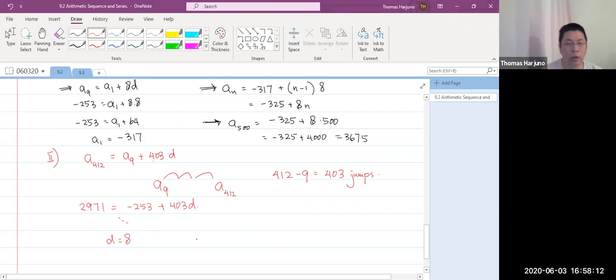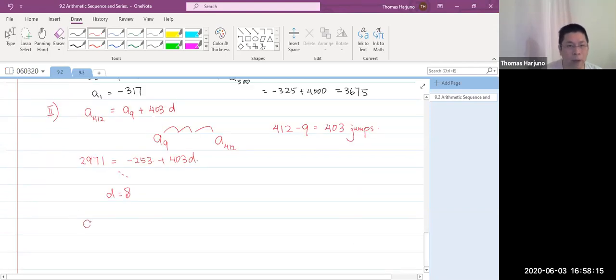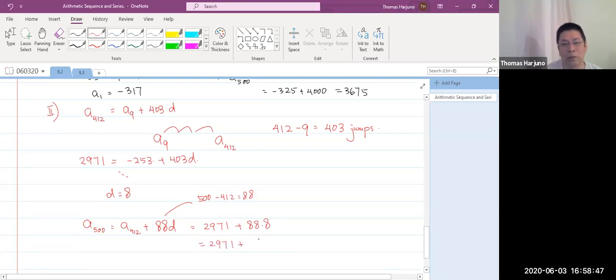Now going further, the 500th term equals the 412th term plus how many times do we need to jump? 88d, correct? And that's 500 minus 412, that's how I get that 88. And this is 2,971 plus 88 times 8. 64 times 11, 704.